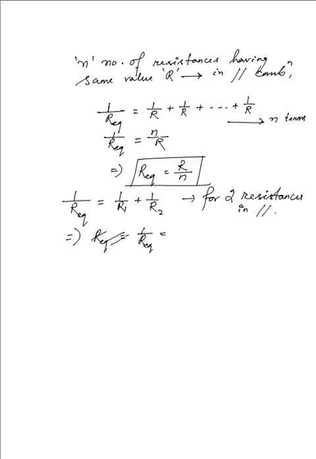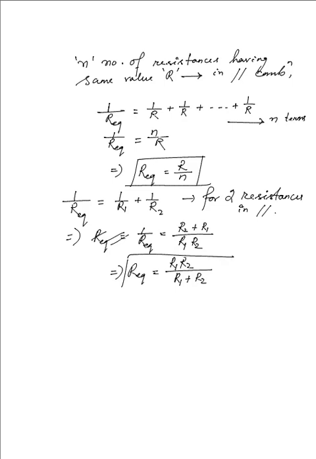1 by R equivalent is equal to, R1 and R2 are in the denominator. For the LCM, R2 goes up and R1 goes up over here. So we have R equivalent simply equal to the reciprocal of this, that is R1 times R2 divided by R1 plus R2.